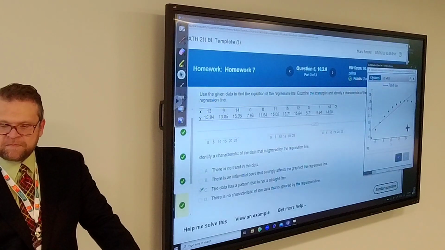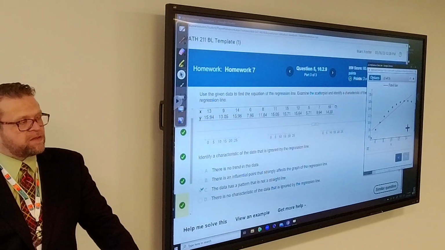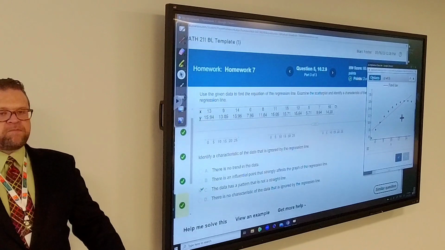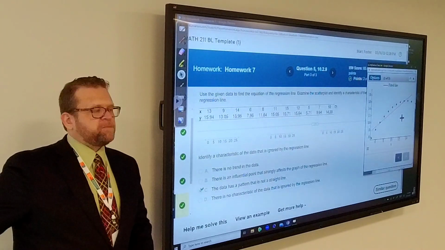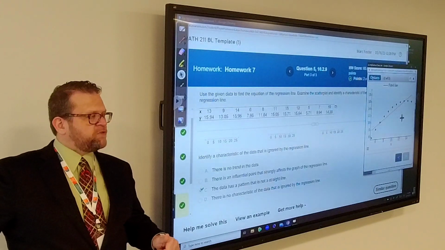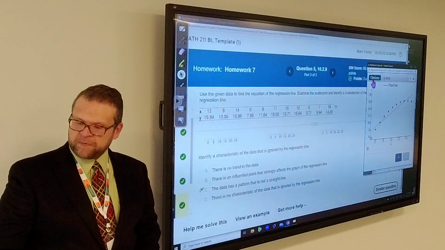That's it. I can still use that line to make predictions, but the point is that there would be an even better option than the average, and the line would be a polynomial.